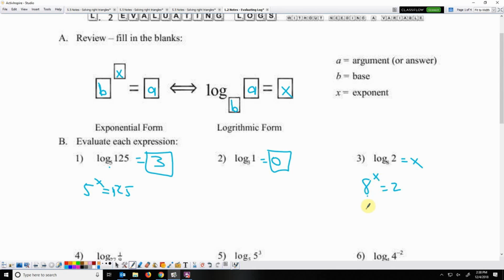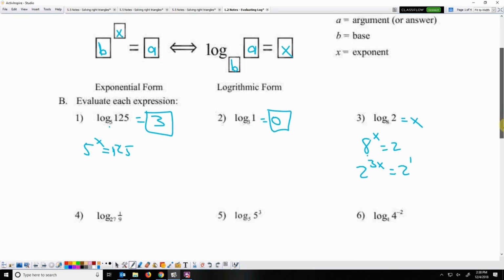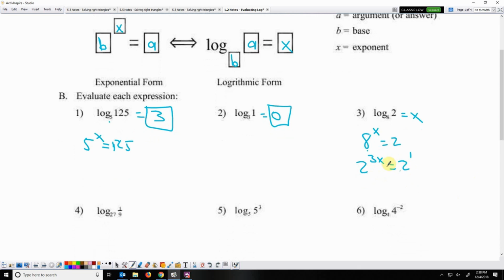So I'm going to change this 8 to the x to 2 to the 3x, because 2 to the third power is 8. And this side is 2 to the first power. Now that they have the same base, the exponents are equal. 3x equals 1, so x equals 1/3.